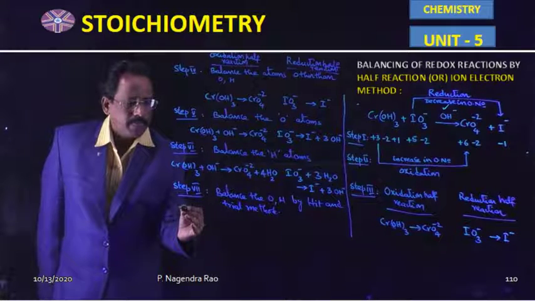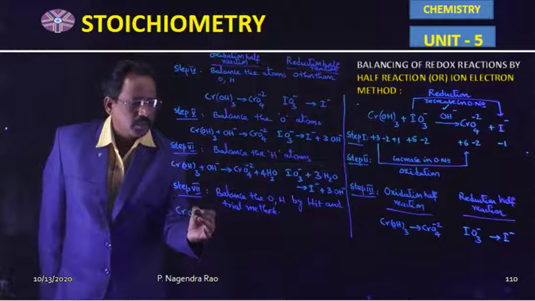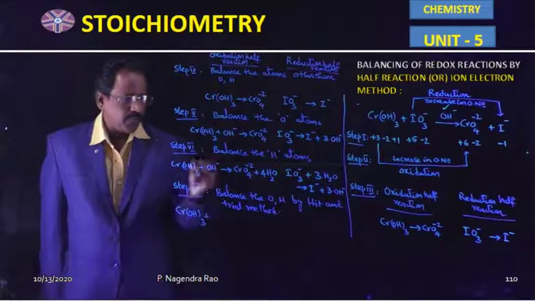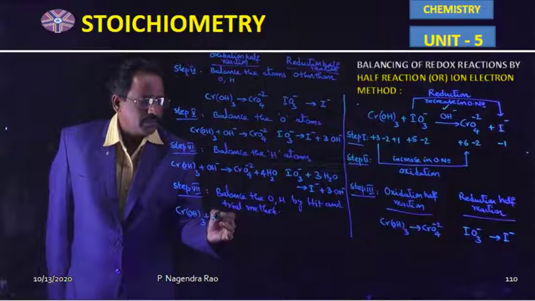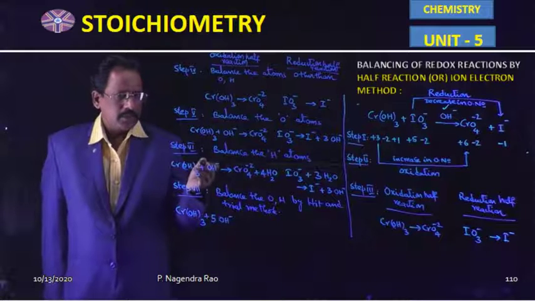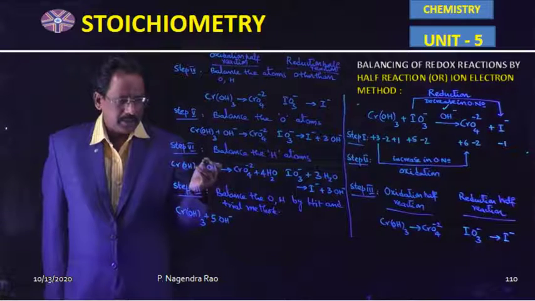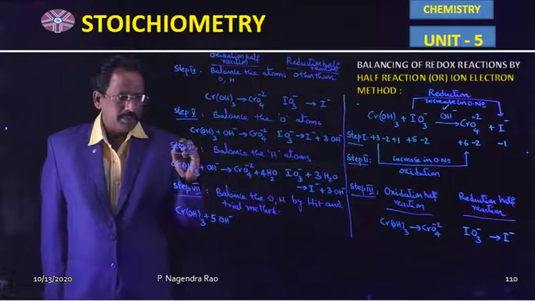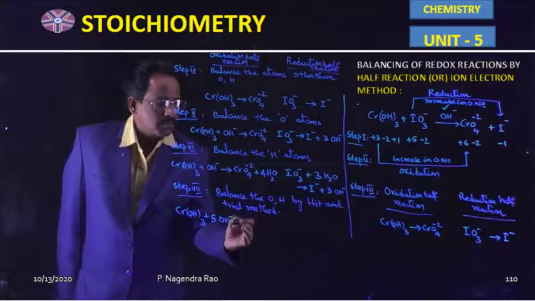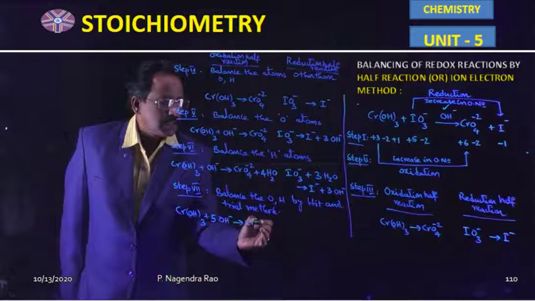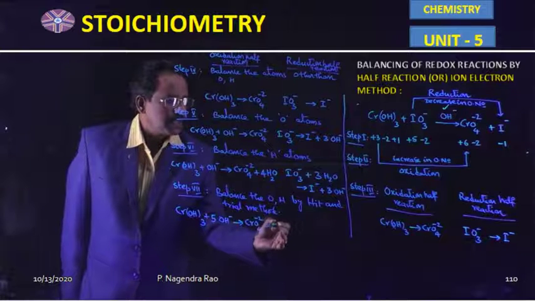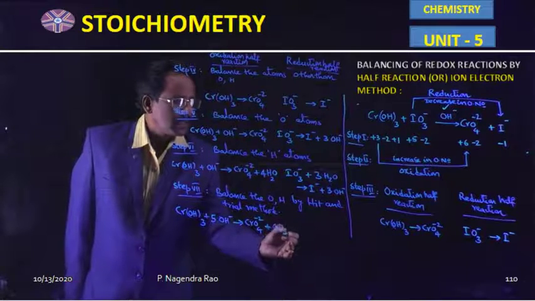See here, CrOH thrice plus 5 into OH minus. So here the suitable multiplication number for OH minus ions is equal to 5, which gives rise to CrO4 minus 2 plus 4H2O.